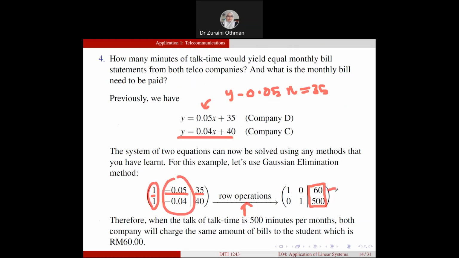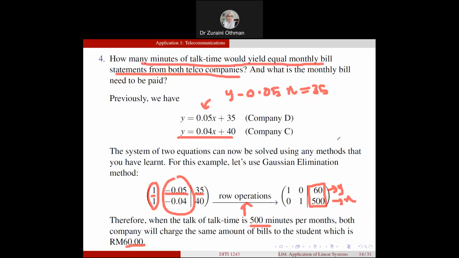Okay, so this is Y and this is X and we know already here talk time dia 500 because talk time ialah X just now and the Y company charge is 60 ringgit. Okay. For this question, how many minutes talk time will yield equal monthly bill statement from both companies?